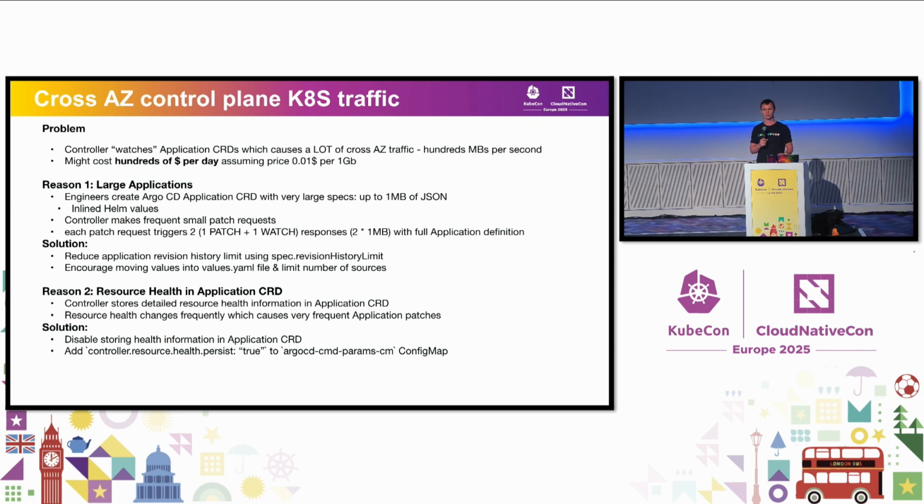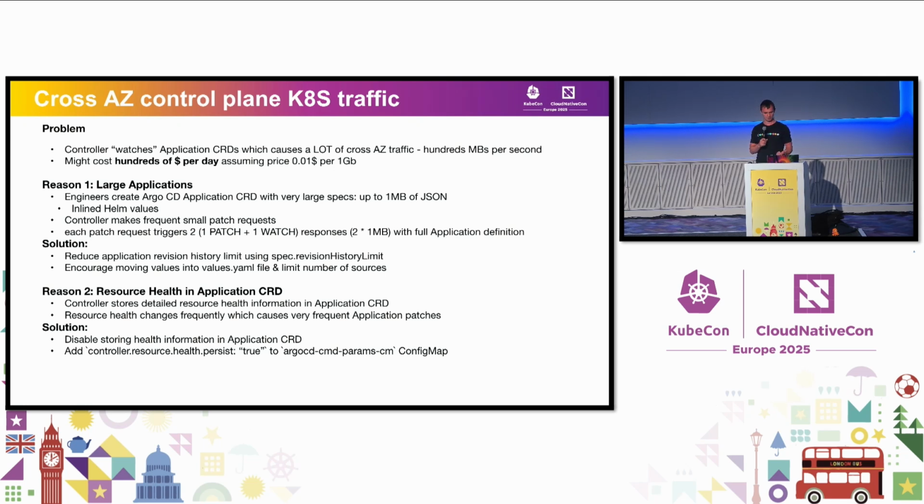The controller periodically updates the CRDs that it manages, in this case, application CRDs. In particular, Argo CD sends a tiny patch to every application, and the patch usually contains bytes. It changes the last reconciliation timestamp on an application, so it's literally bytes.